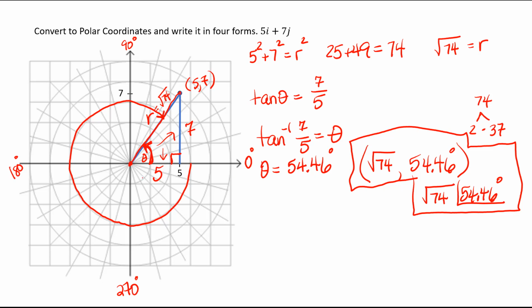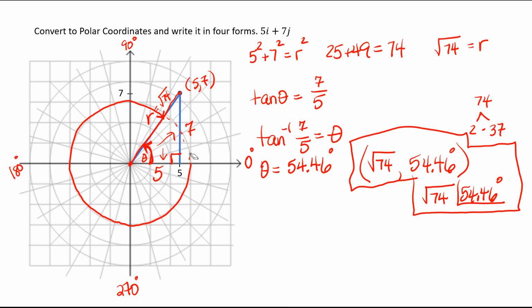Well, what is that? If we went all the way around, that'd be 360. But we're not going all the way around. We're going all the way around minus theta. So back up theta degrees.